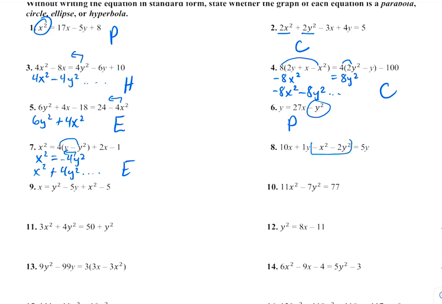Here they're both negative, so that means if I divide them each by -1, I can force them to become positives. So technically there are two positive square terms with different coefficients. So that is also an ellipse. Here we have two positive square terms, same coefficient, so a circle. One positive, one negative square term, so that is a hyperbola.